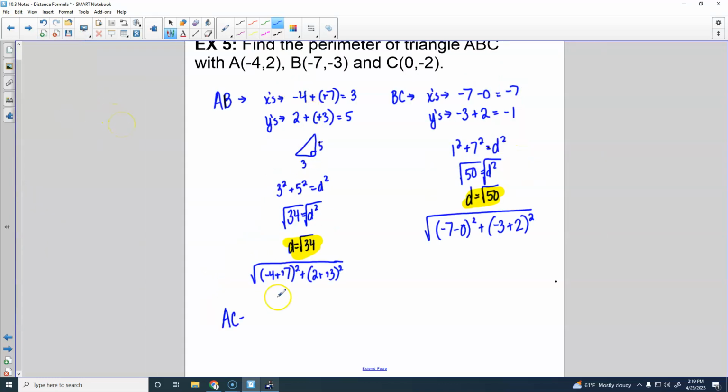We've got to subtract our x's, which is going to be 0 minus negative 4, which will just give us positive 4. Our y's, which is going to be negative 2 minus 2, which will give us a negative 4 here.